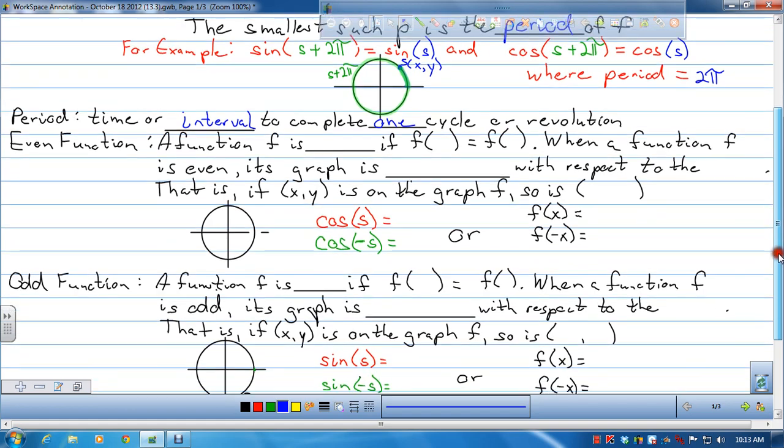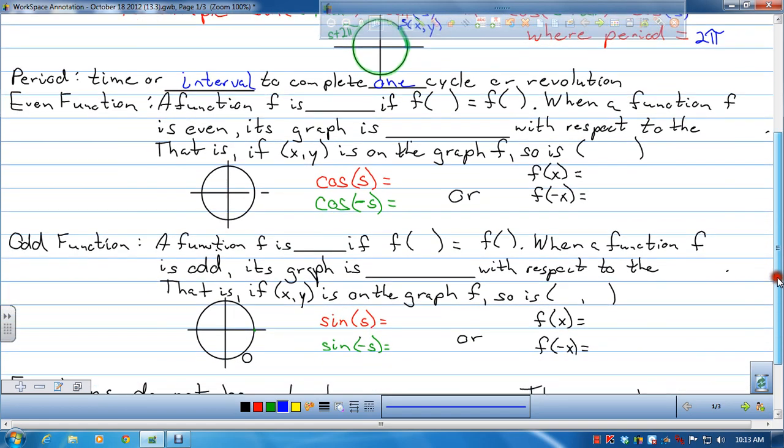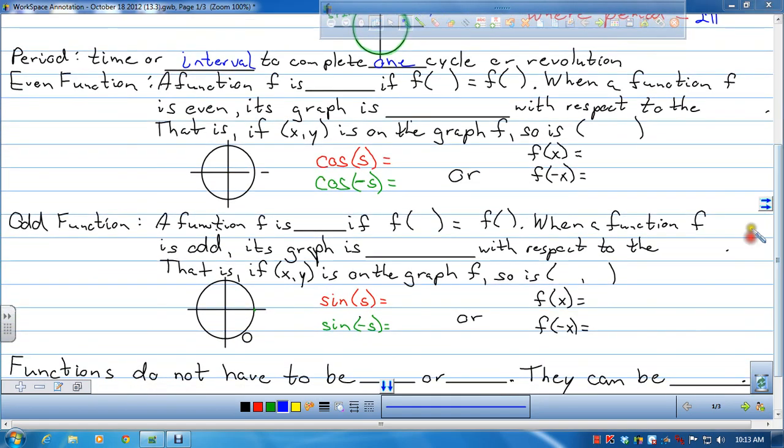Now, we're going to talk about functions as they apply to their symmetry. They're going to be either even, odd, or neither. So the first thing we'll do is take a look at an even function.